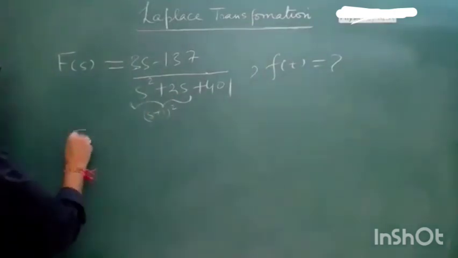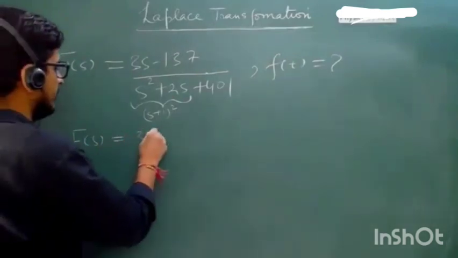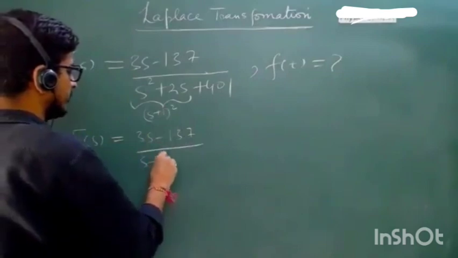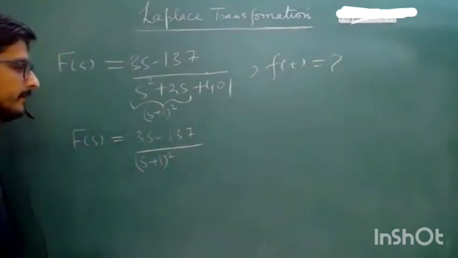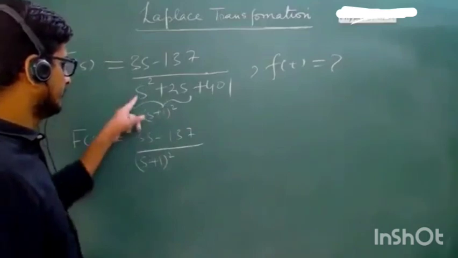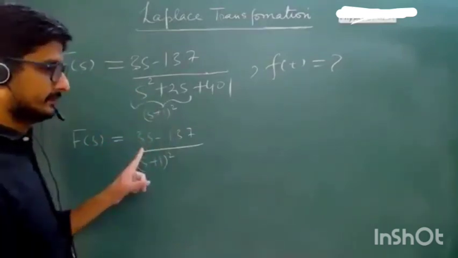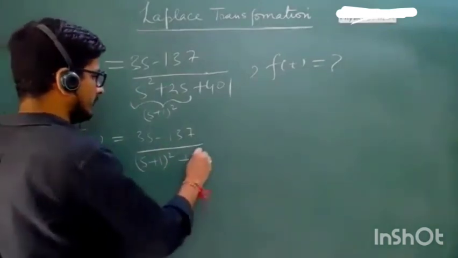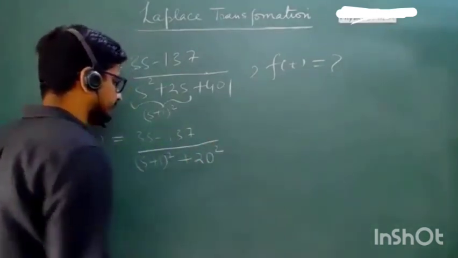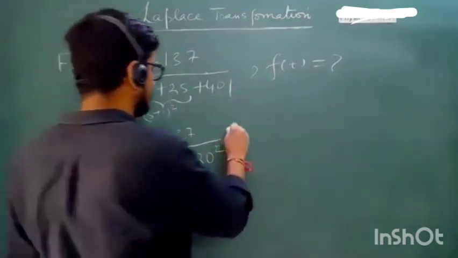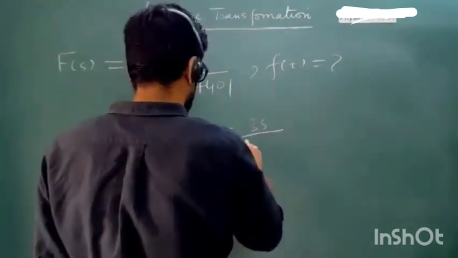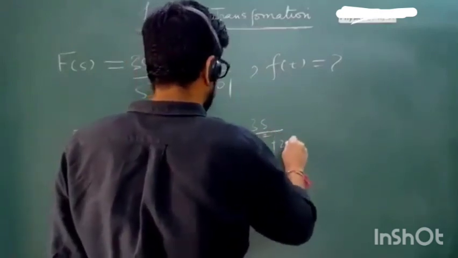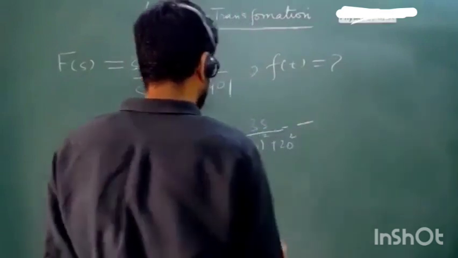So F(s) will be 3s minus 137 over s plus 1 whole square. And what will remain? It becomes s square plus 2s plus 1, and 1 has gone, so 400 remains here, plus 20 square. So we can write this as 3s over s plus 1 square plus 20 square, minus.